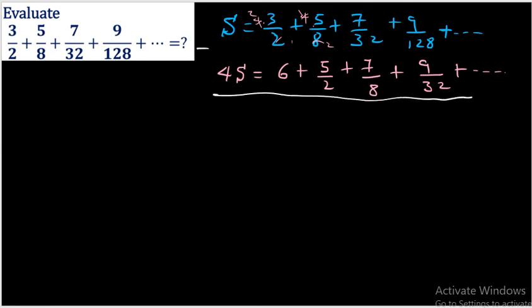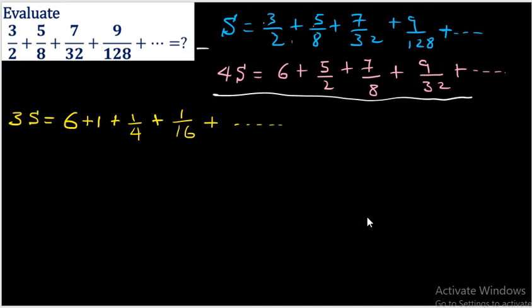Let's do it. 4s minus s will be 3s, the 6 comes as it is, and 5/2 minus 3/2: the denominator is the same, so 5 minus 3 is 2, and 2 over 2 means just 1.